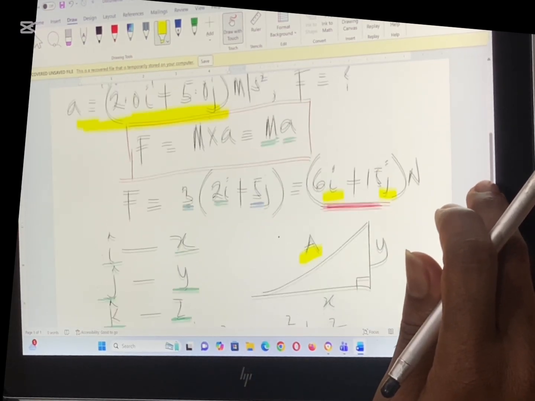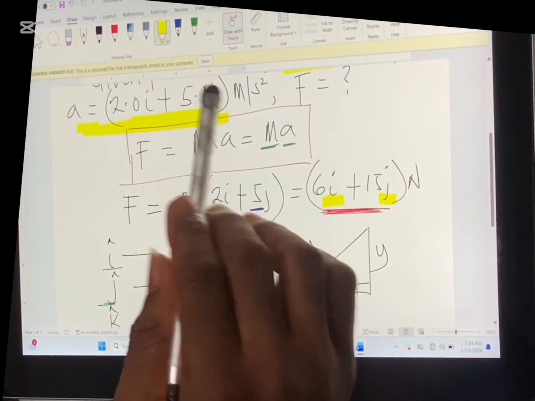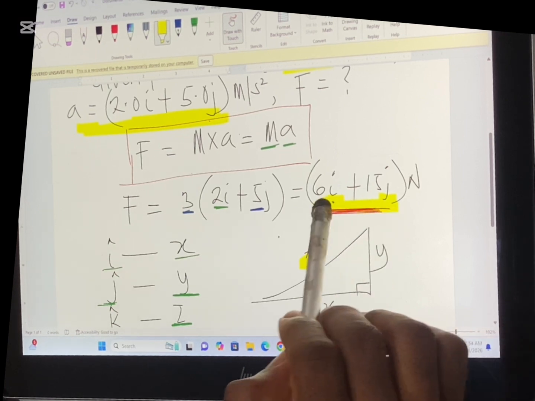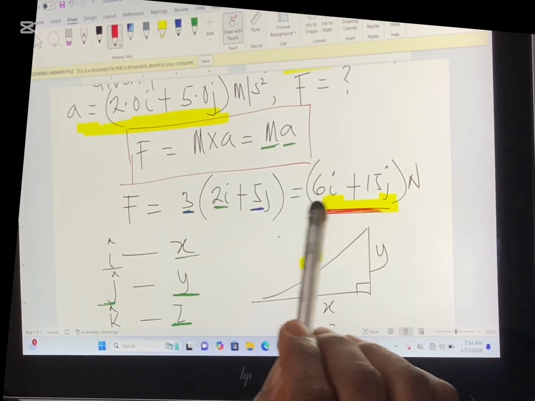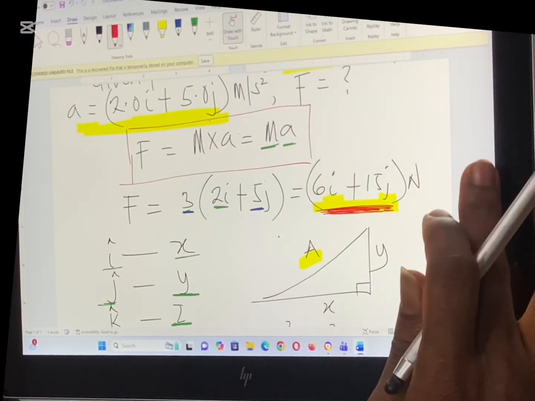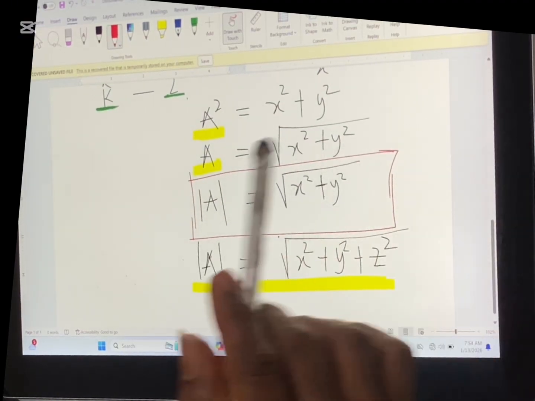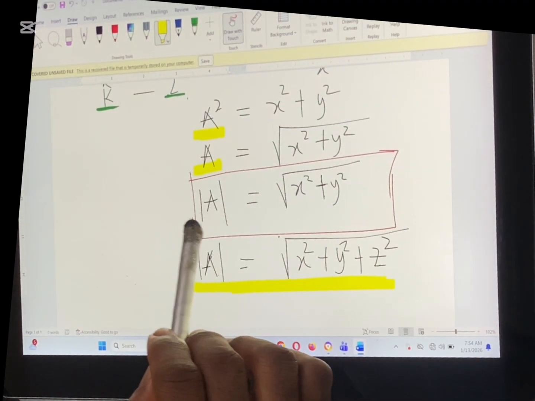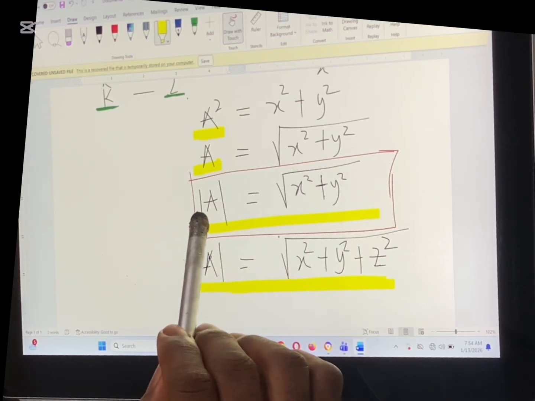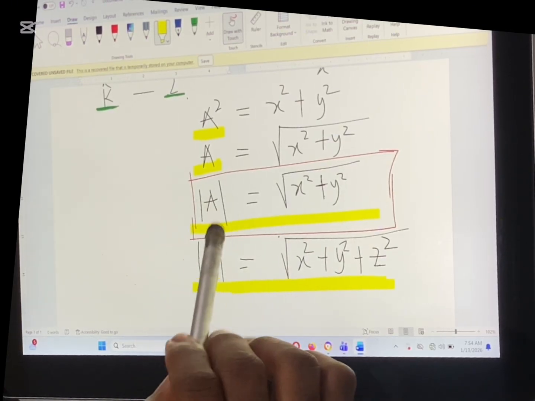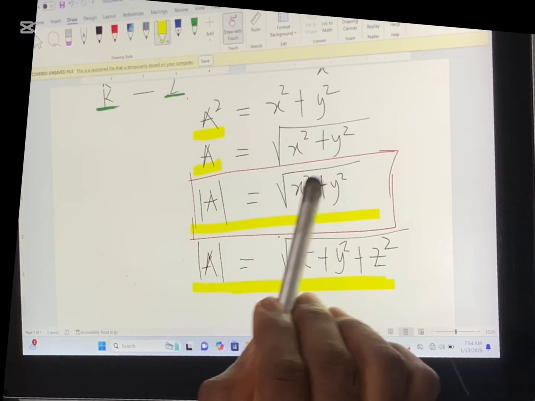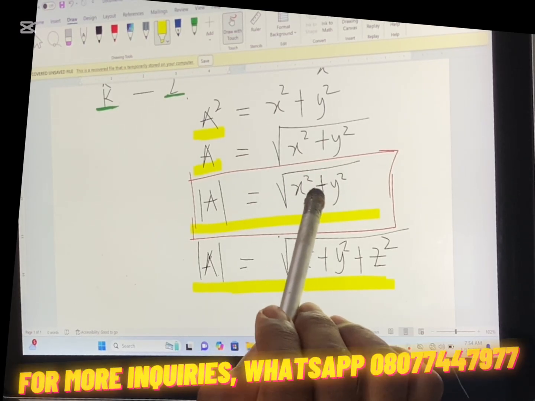If you look into this vector here, it's two dimensions. Please take note. So the magnitude I'm going to take here will be this particular formula here. That is, for force, the force magnitude will be equal to square root of s squared plus y squared.